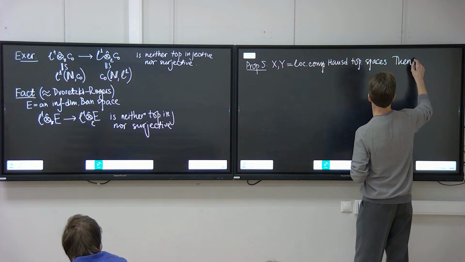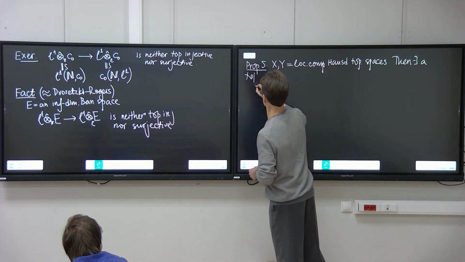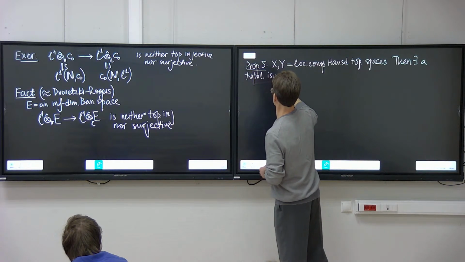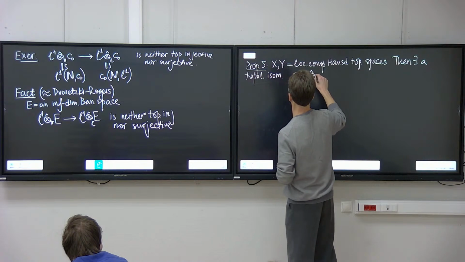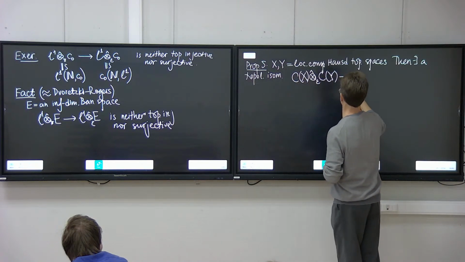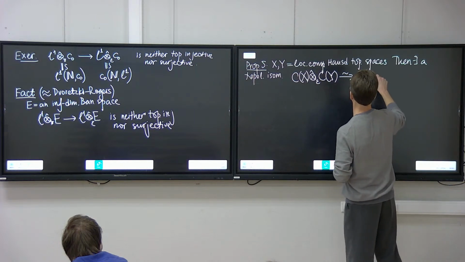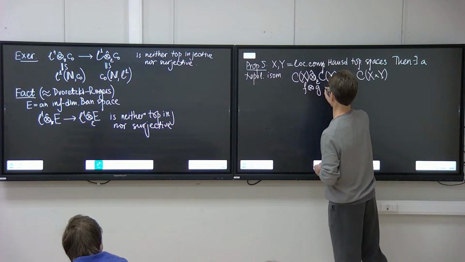Then there exists a topological isomorphism between the complete injective tensor product of C0 of X and C0 of Y and the space of continuous functions on X cross Y. This isomorphism is given by the same old formula.